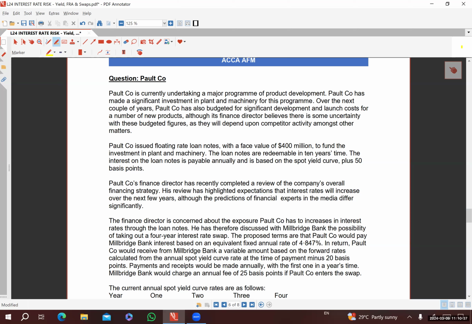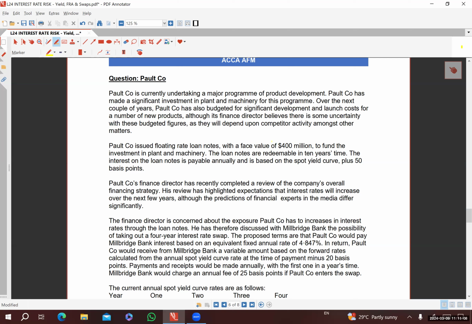Pork has made a significant investment in machinery for this program. Over the next couple of years, Pork budgeted for significant development and launch costs for a number of new products. Although the finance director believes there is some uncertainty with these budgeted figures, as they will depend upon competitor activities, among others.